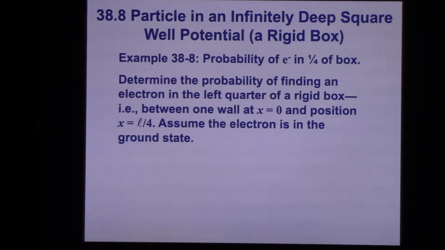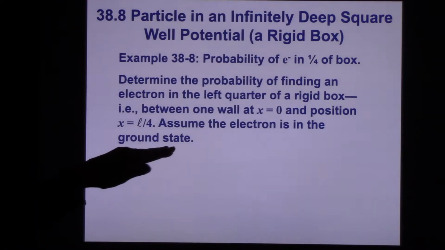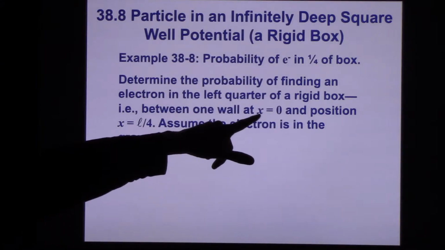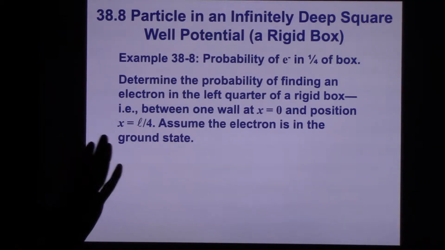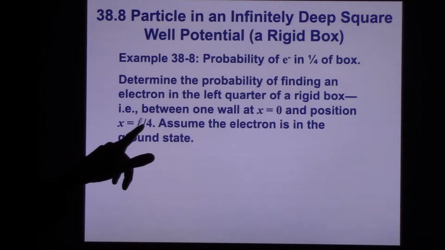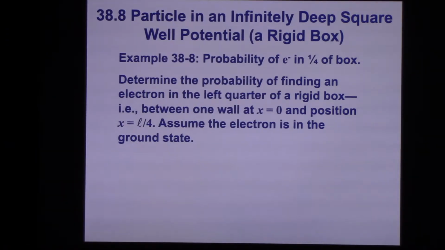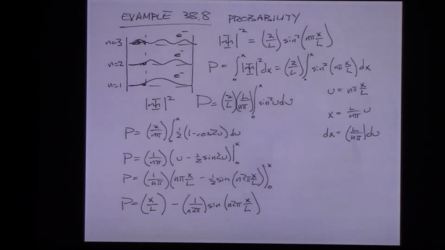What if there were a way we could do this for every quantum state all at once? I don't know if it's a good idea, but we're going to try it. But they're really only asking us to do the ground state. So they're looking at the region between one of the walls, one of the infinite potential regions, and 1/4 of the way over. So let's see what this problem looks like.